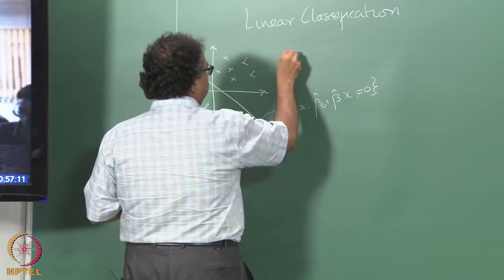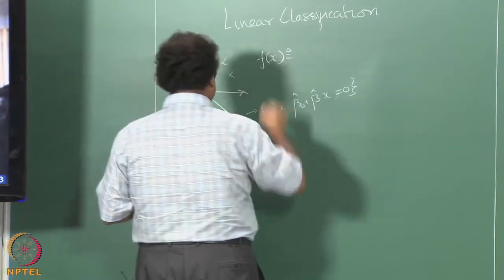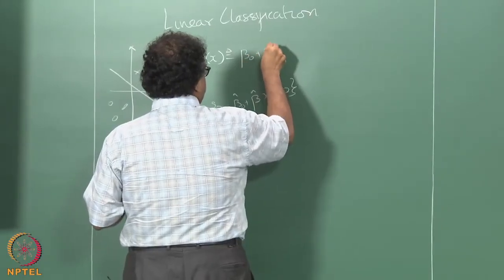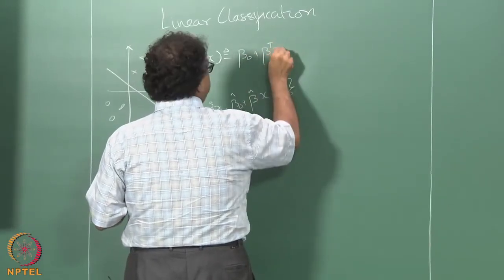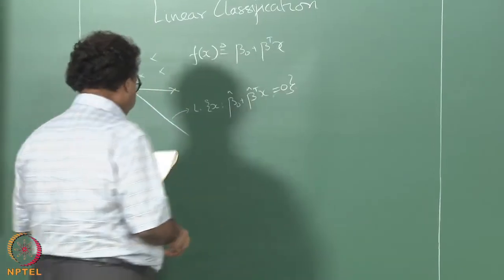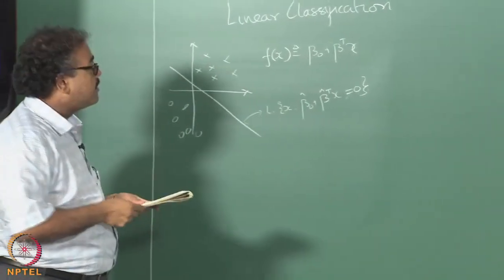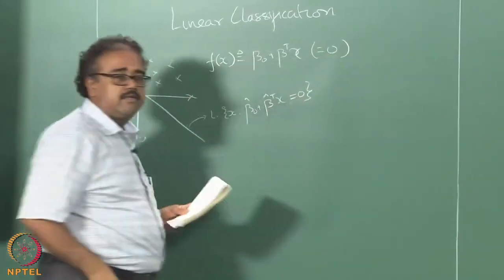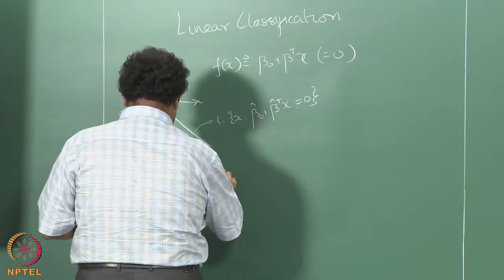We will denote by f of x. The hyperplane is essentially given by solving f of x equal to 0.